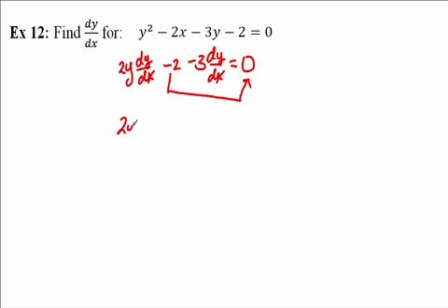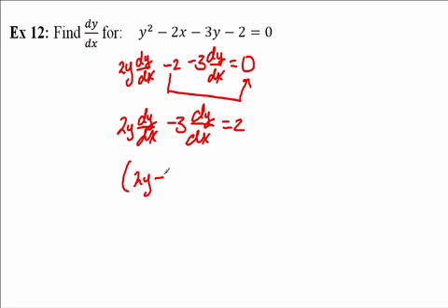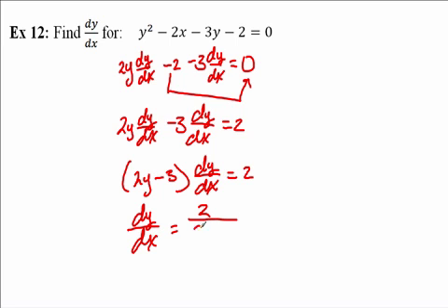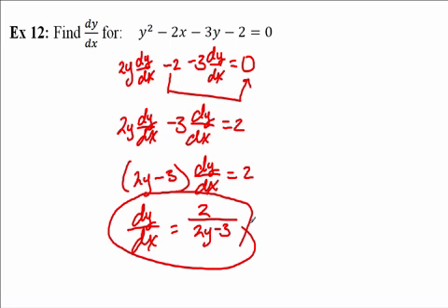So we have 2y dy/dx minus 3 dy/dx equals 2. So what I'm going to do now is factor out a dy/dx. Equals 2, and then divide both sides by this. And that will give me 2 over (2y minus 3). And that is your answer.